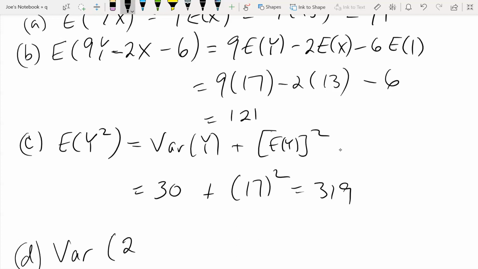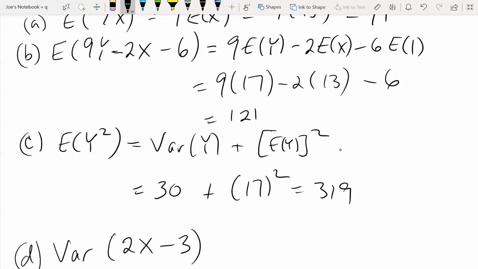Let's try this one. This might be as tricky as this one gets, by the way. I'll give you a hint: go back to your formula for how you would compute it if you were actually just going to compute it. Do that first.